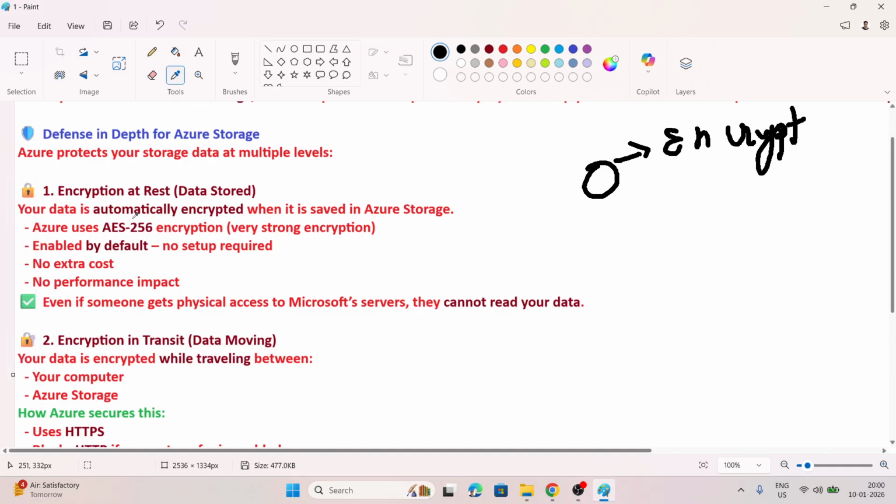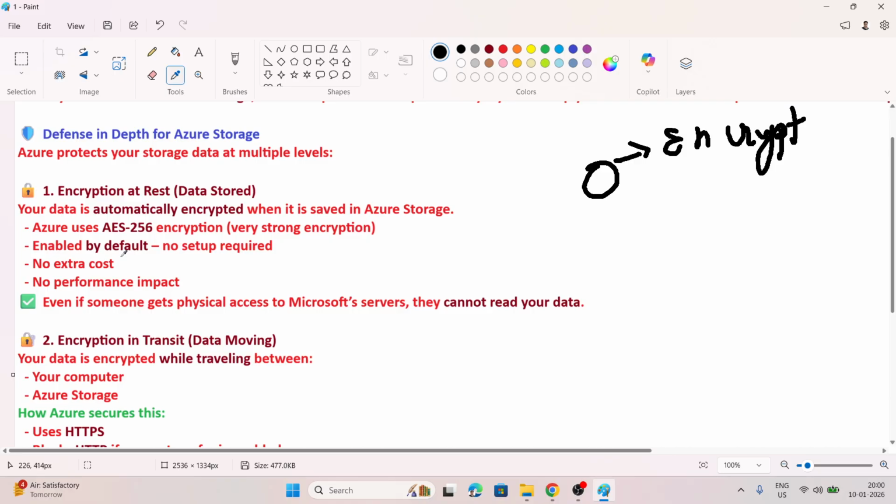Our data is automatically encrypted when it is saved in Azure storage. And Azure uses AES 256 encryption. This is a very strong encryption method and it is enabled by default. Whenever we save our data in Microsoft Azure storage, we don't have to do any encryption. The encryption will be done by itself.